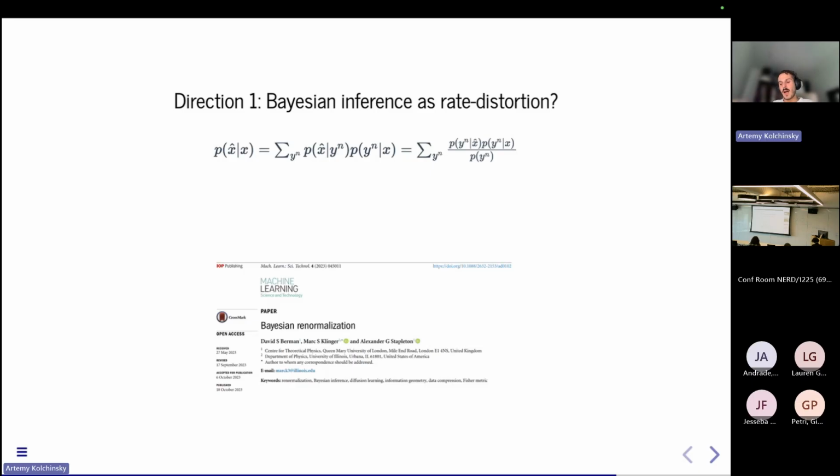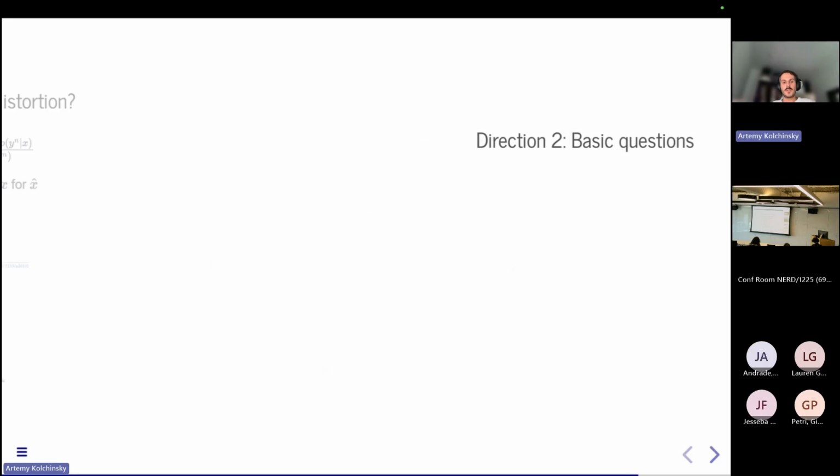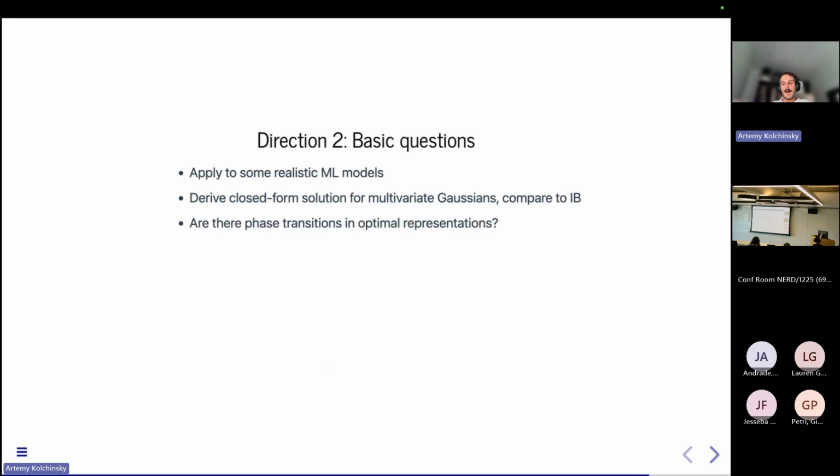So that's something I've been thinking about. There's also, beyond that, some basic things to do, like work this out for some realistic models. I think this can be solved for in the case of Gaussians, so it'd be interesting to solve it and look at the difference with information bottleneck, where we also have solutions for Gaussians.